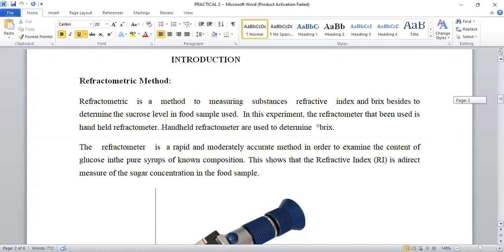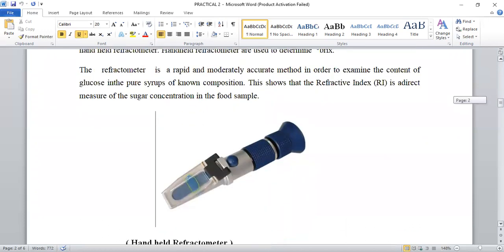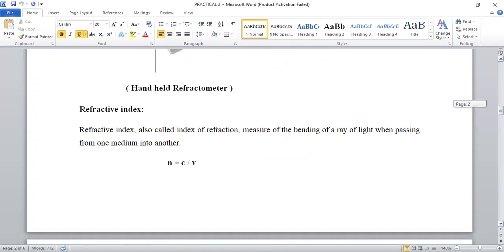The refractometer is a rapid and moderately accurate method to find the concentration of sugar in any juice sample. This shows that the refractive index is an indirect measure of the sugar concentration in the food sample. And this is a hand-held refractometer.